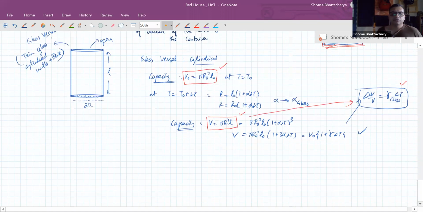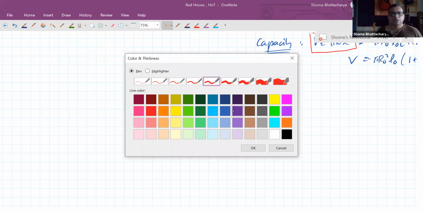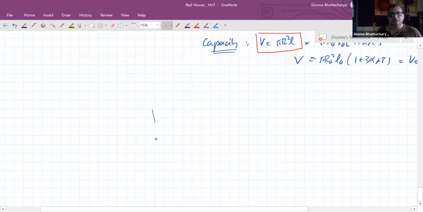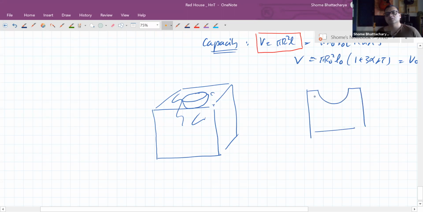So for example, instead of this, if I had a solid cube of glass and from that I have removed a hemispherical cavity at the top, then again the whole thing will expand in such a way that it satisfies that condition. The side view is like this.